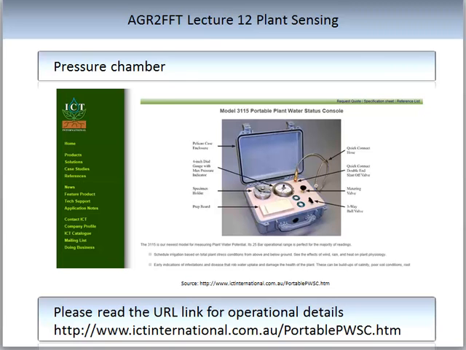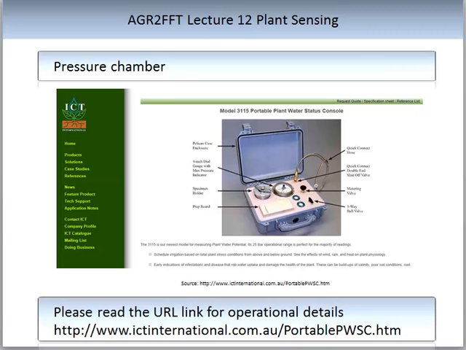This unit will be attached to some form of gas bottle, not shown in the image. When you are ready to take your measurement, that is, the top of the chamber is correctly assembled and the leaf and or the stem is in the chamber, you open up the gas chamber to allow pressure to be applied inside the chamber. This will then push out the sap.